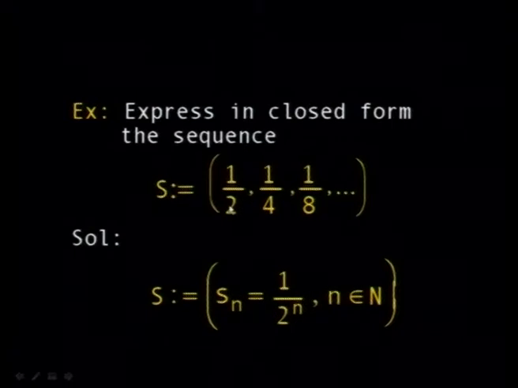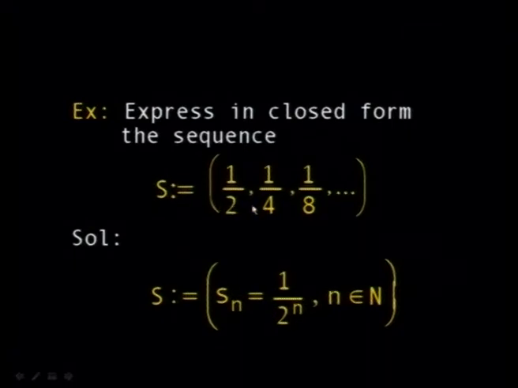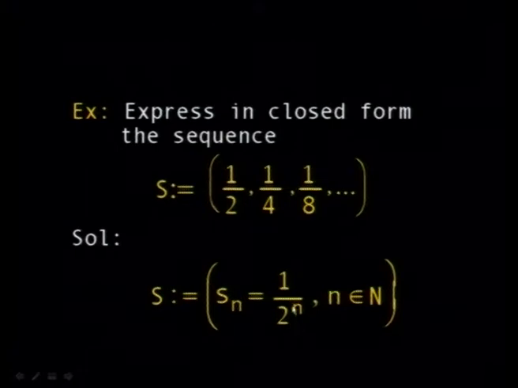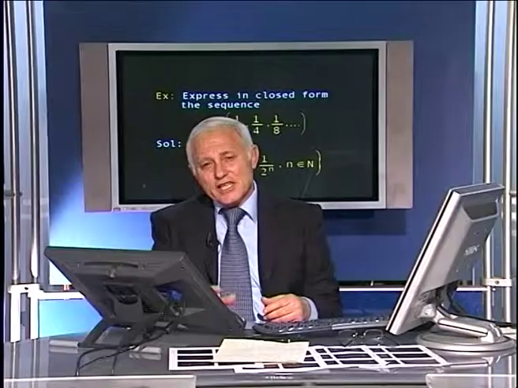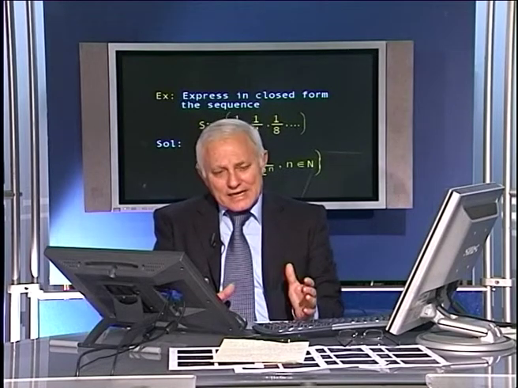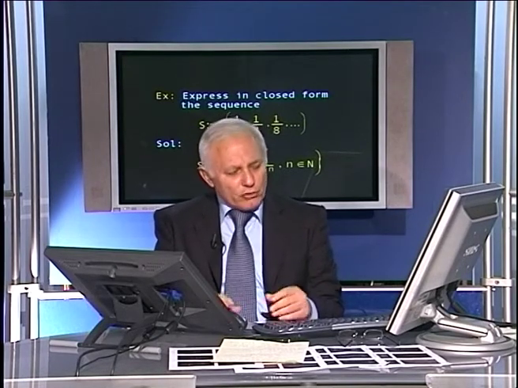Each element is equal to half the one preceding it. So we can express this as 1 over 2 to the power n. So when n is 1, you get half, 2, you get 1 over 4, 3, you get 1 over 8, etc. And this sequence, if it is an infinite sequence, then as a series it is something else, but as a sequence, it converges again to 0.